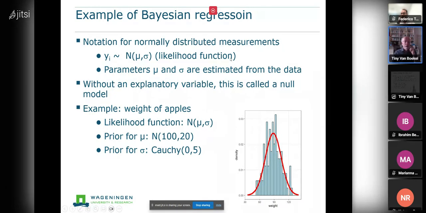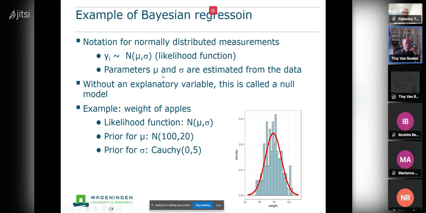I start with Bayesian regression. The notation for the likelihood function is like this. You have to specify a likelihood function, as I mentioned before. This is statistical notation. You say that we assume that our data y are distributed according to a normal distribution with a mean of mu and a standard deviation of sigma.